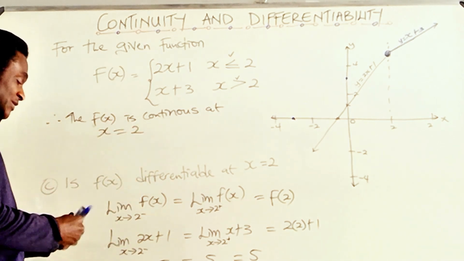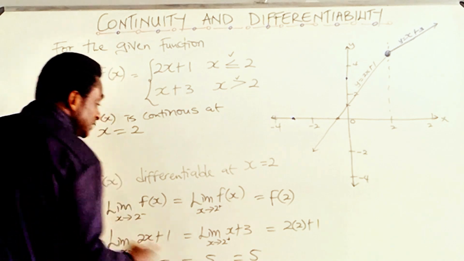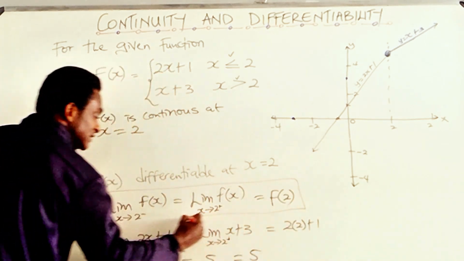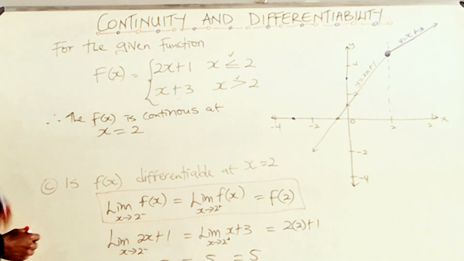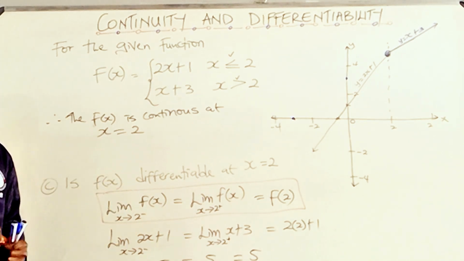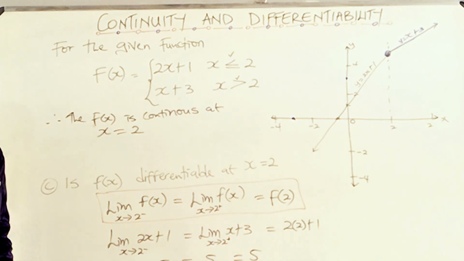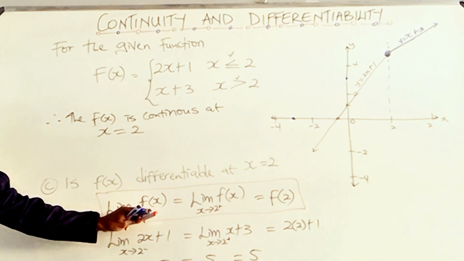Remember, it is continuous because of this condition. Only when this condition is satisfied is that the only time we can say that a function is continuous at a given point. Please note, this is the condition.